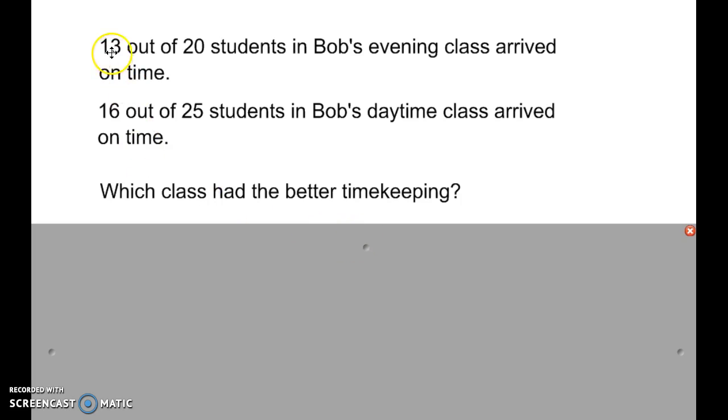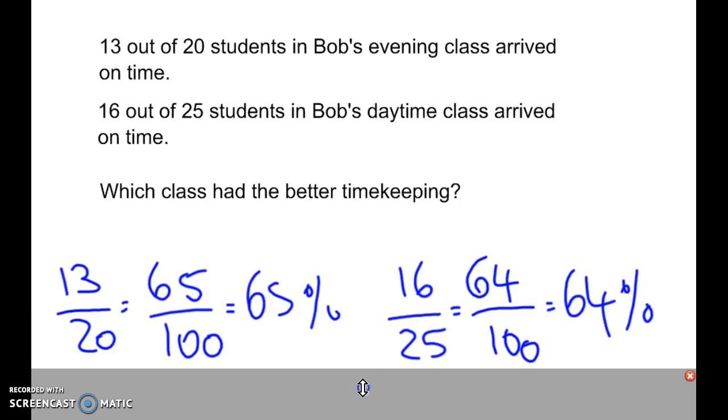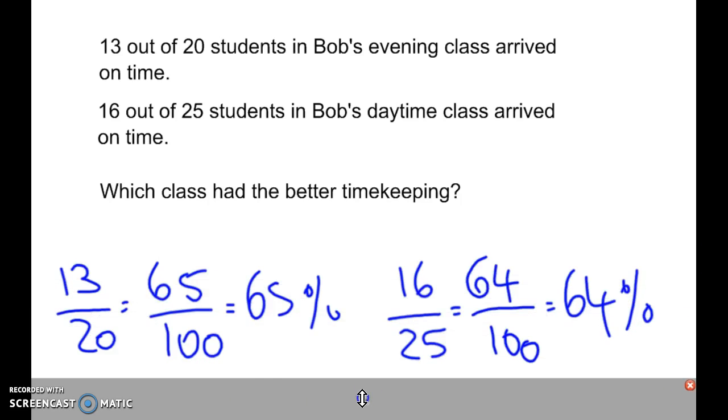So remember, whenever you see out of, one number out of another, think fraction. I've turned the 13 out of 20 into 13 over 20. I have created an equivalent fraction out of 100 by multiplying top and bottom by 5. 65 over 100 is 65%.